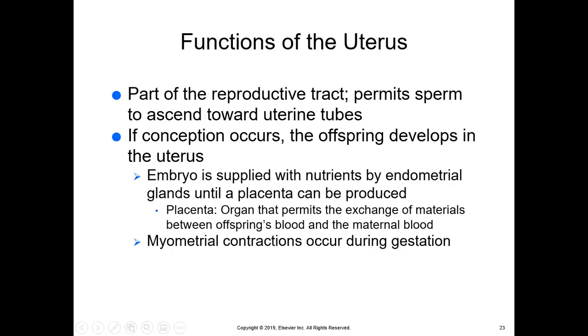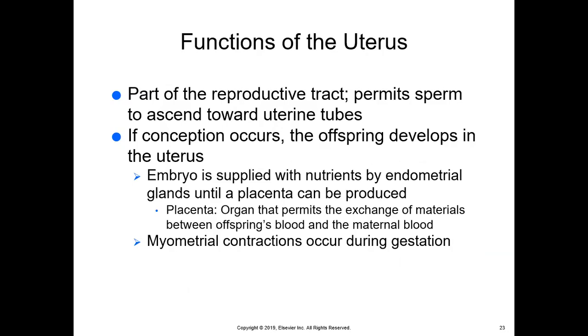So the functions of the uterus. The uterus is part of the reproductive tract. It's a connection between the outside world, the vagina, and the inside, the ovaries and the releasing of the eggs.